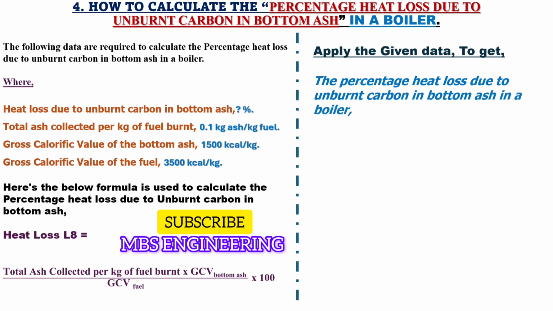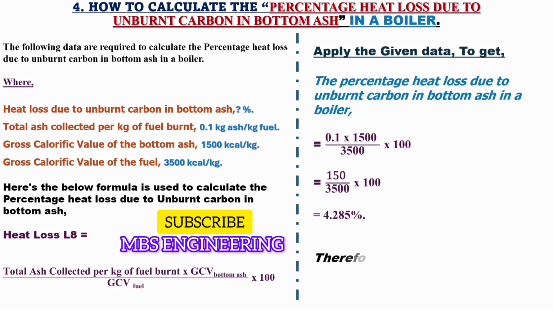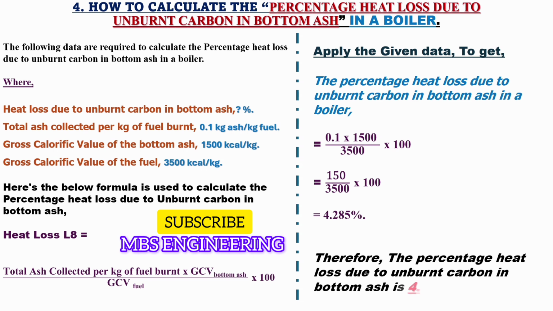Next, 0.1 into 1500 is divided by 3500 and then the obtained value is multiplied by 100. Next, 150 is divided by 3500 and then the obtained value is multiplied by 100. Therefore, the percentage heat loss due to unburnt carbon in bottom ash is 4.285%.